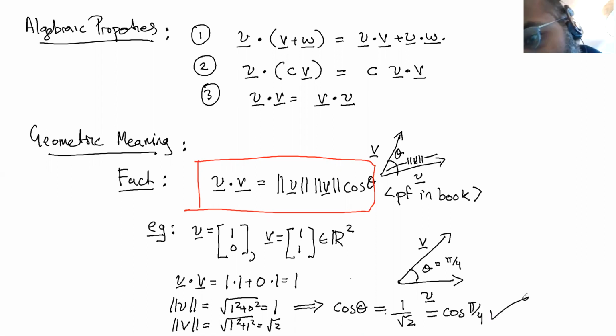Okay, so this checks out. So not only does the dot product encode lengths, it also tells you what the angles are. And so this is the sense in which you can use the dot product to do geometry. Now, given two vectors, we can figure out their angle and length by computing the dot product. Any questions?